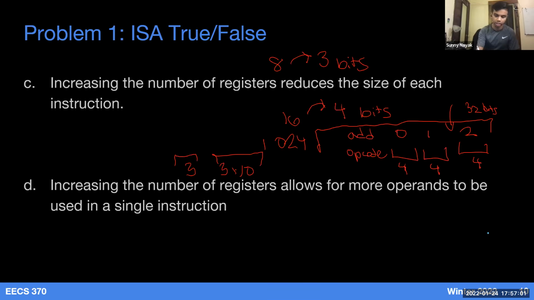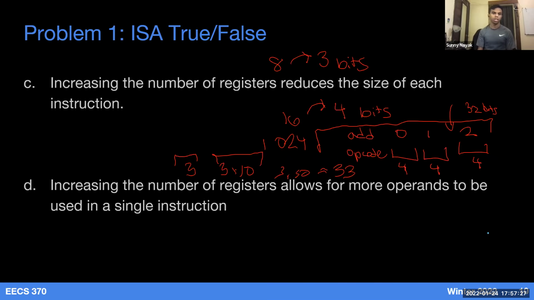It'd be 3 plus 30, which is 33. I don't have enough space. And so I'd have to increase the size of the instruction to support the increased number of registers. So that one is going to be false, because increasing the number of registers increases the number of bits per register, and in turn increases the size of the instruction.